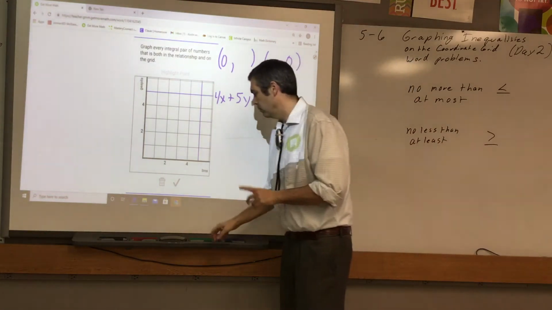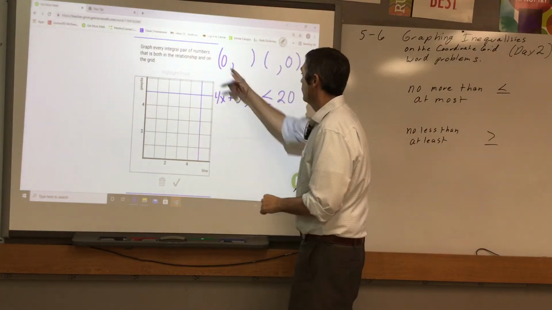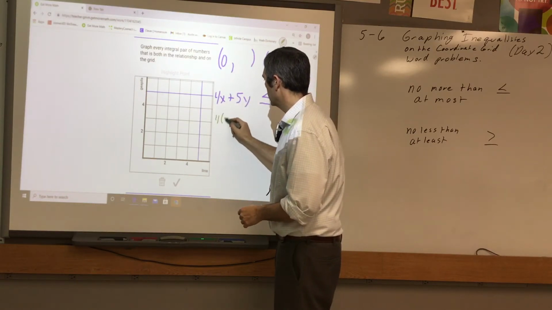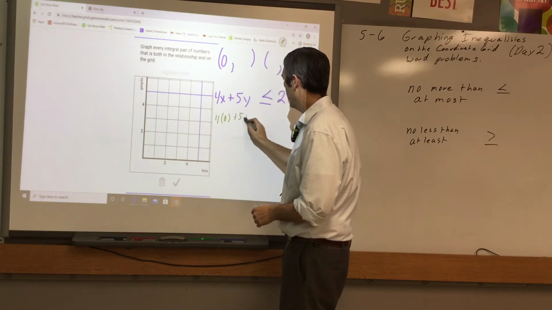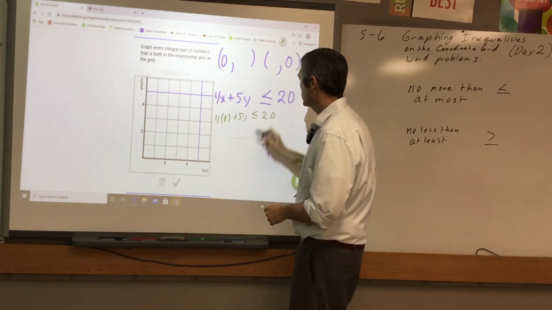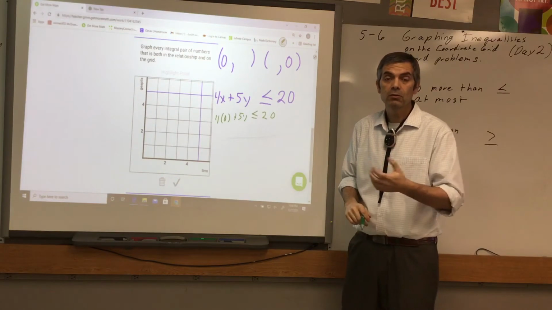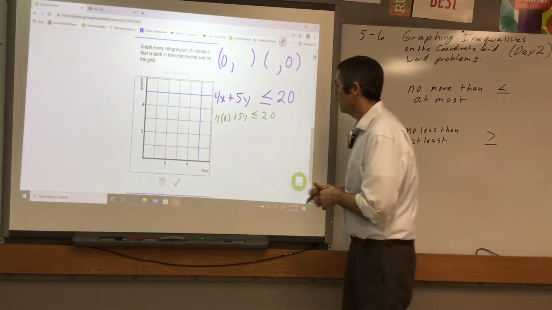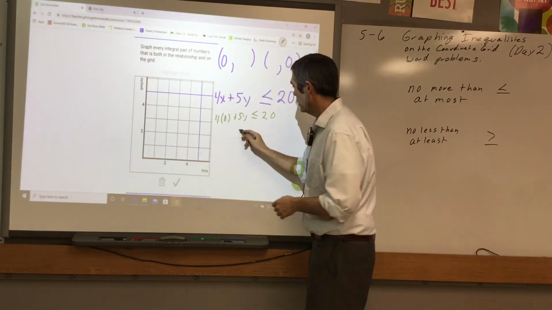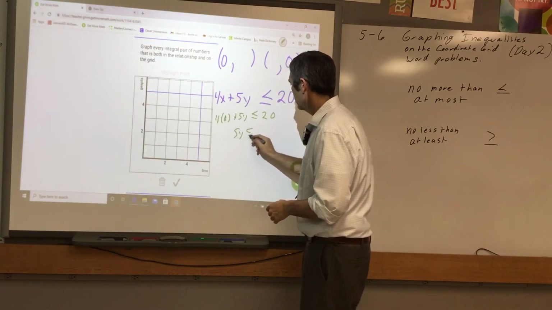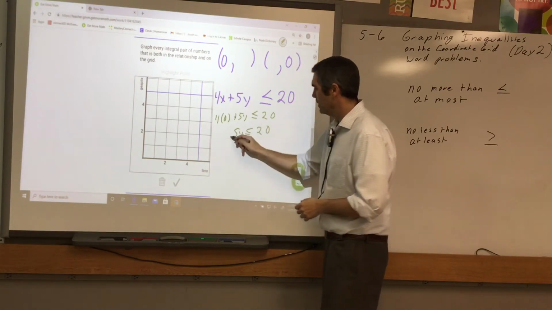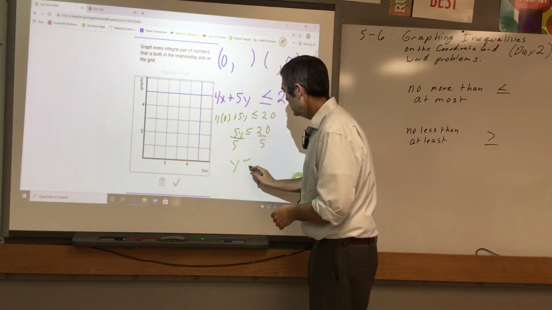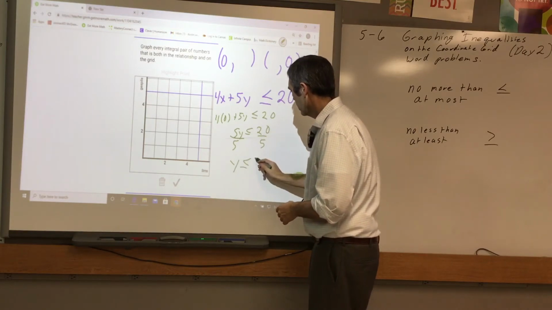This will allow me to get my X and my Y intercepts. So here, we're going to plug in 0 for X. If I plug in 0 here, I get 4 times 0 plus 5Y is less than or equal to 20. And this is going to give me good points along my coordinate grid that I can graph. Well, this is 0, so that leaves me with 5Y is less than or equal to 20. Then I divide by 5, divide by 5, so Y is less than or equal to 4.